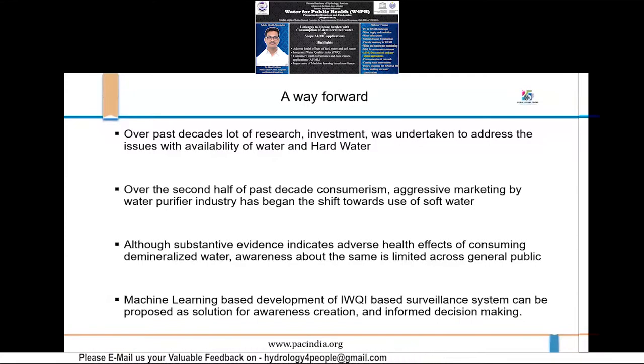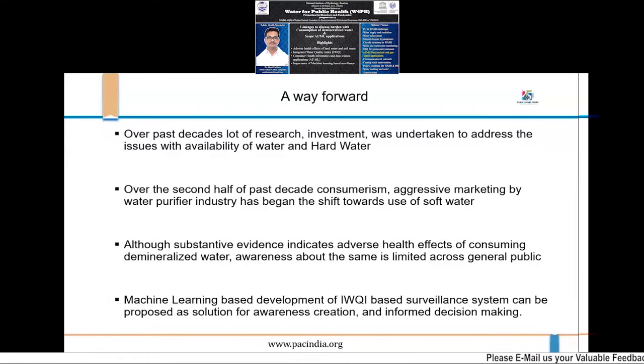However, over about the second half of the past decade, consumerism and aggressive marketing have made it very difficult to make a wise choice out of the available options for drinking water. Thus, there's a very clear need for developing the index, and that index should be based on a surveillance system, and it should be implemented in a way that creates public awareness.